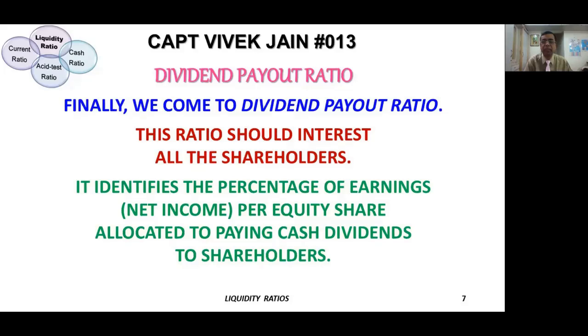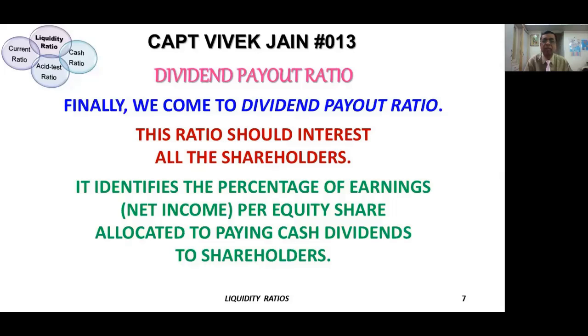If a company is earning an X amount of rupees for every share as net profit, which is known as earning per share, EPS, definitely the company will not pay out the whole amount as dividend, because the company has to grow, the company has to plow back some money, the company has to build some reserves for various other expenses.